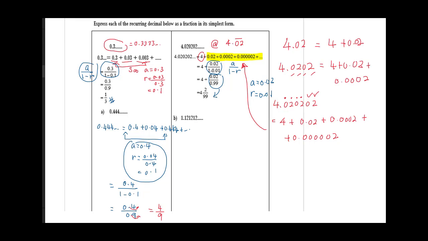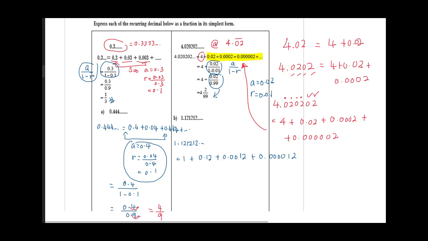Okay, let us give it a try for 1.1212. The first thing you have to do is separate it. 1.121212 dot dot dot equals 1 plus 0.12, plus 0.0012, because just now the 1, 2 already took place, and the third one is 0.000012.